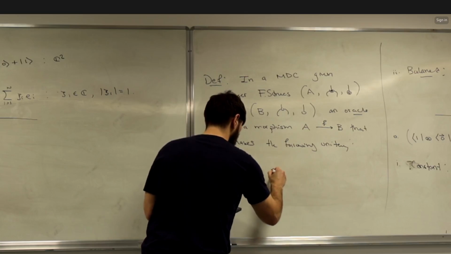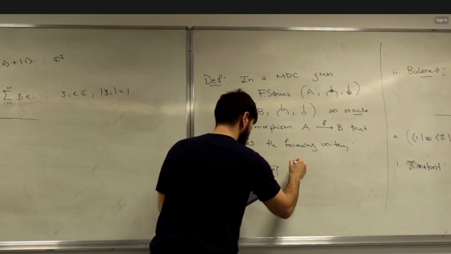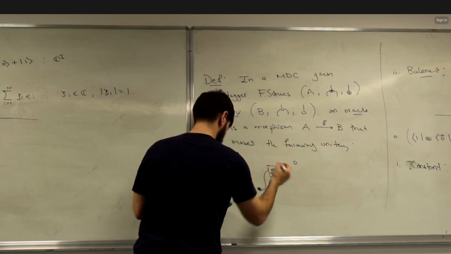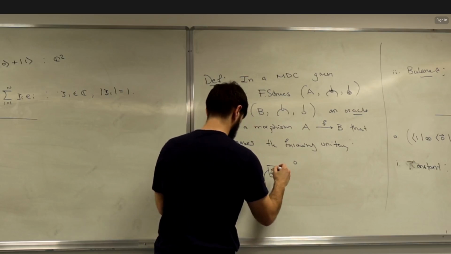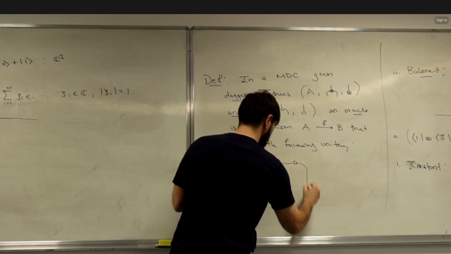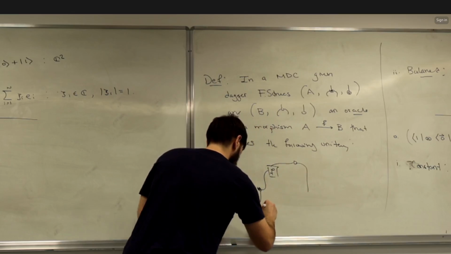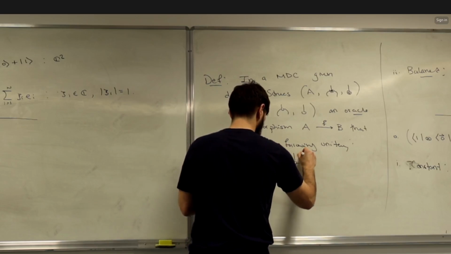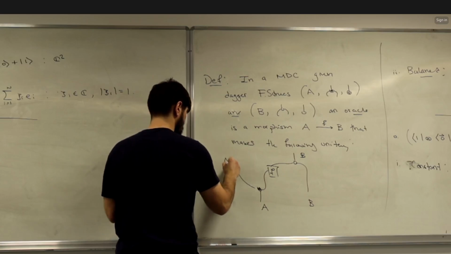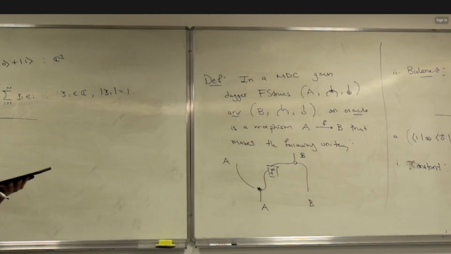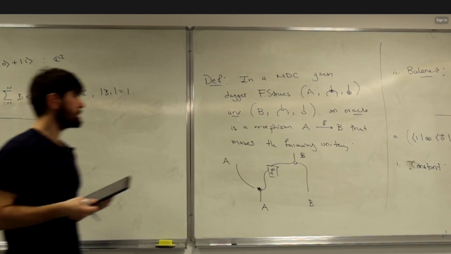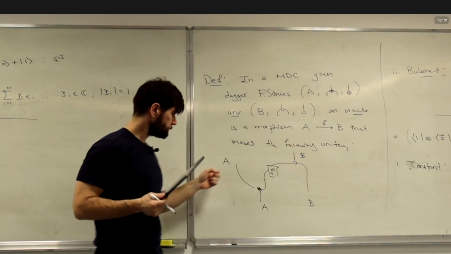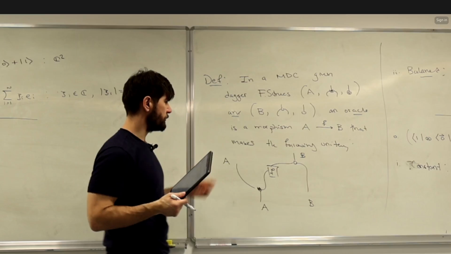That's how I do it. Okay, F circle. So this is A, B, B, A. We want this F to be such that the composite on A tensor B is unitary.